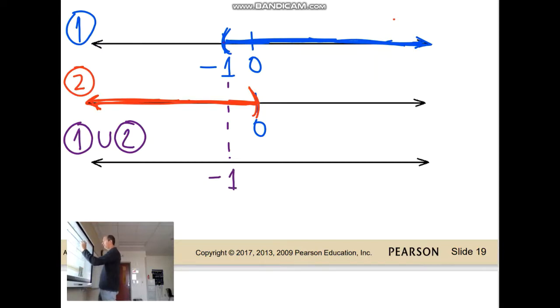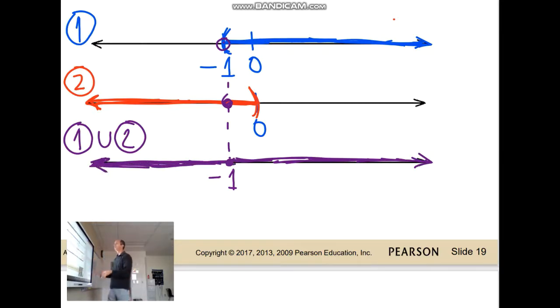Negative 1 is not included here, but yes, it's here. Everything that's greater than negative 1 is included, and everything that's less than negative 1 also is included, because it belongs to one, to the other, or to both. Doesn't matter. This last line represents the union of inequality 1 and inequality 2. And the whole solution, if you represent using interval notation, is from negative infinity to infinity.